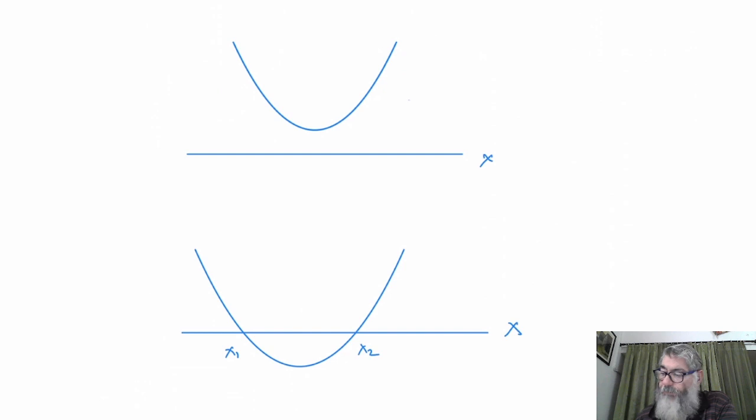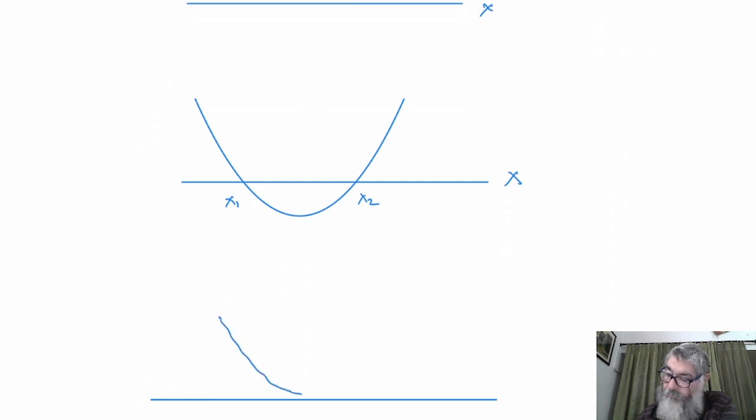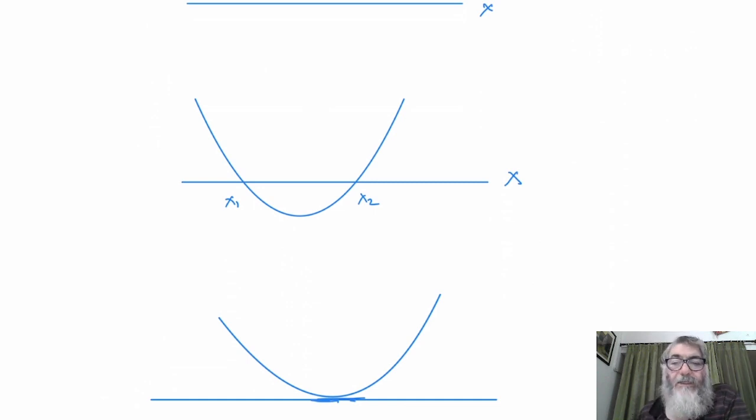There is third possibility also, which you must see. Here the curve is neither cutting nor it is above. It is touching the x-axis.